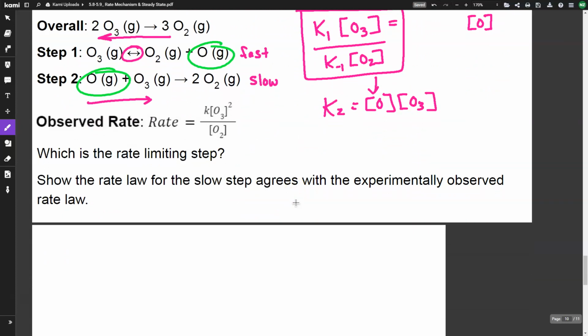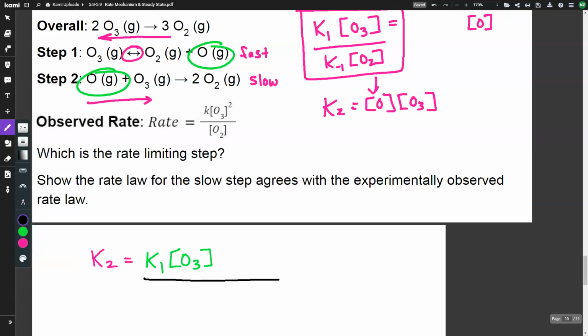All right, so let's write this out. So we have rate equals K2, and I'm going to write in green what I'm substituting so you can see. So we've got K1, O3, and then K minus 1 is in the denominator, and O2 is in the denominator.